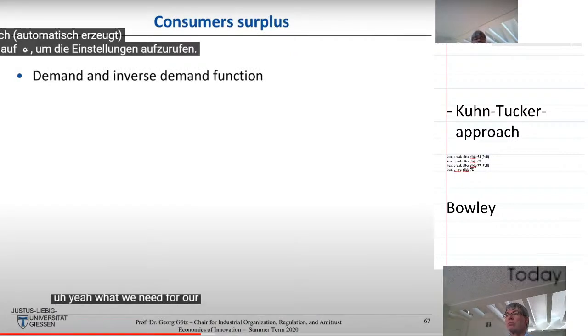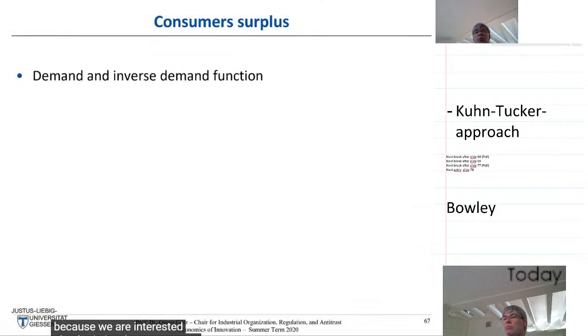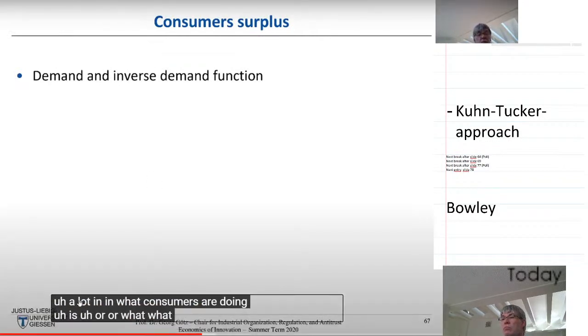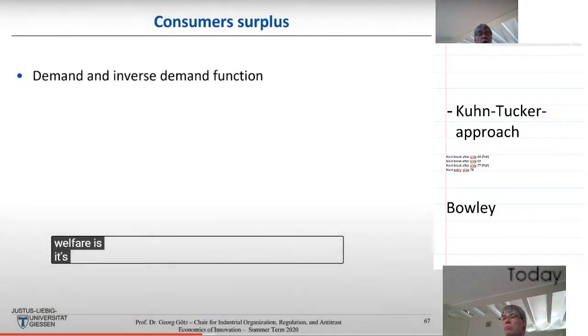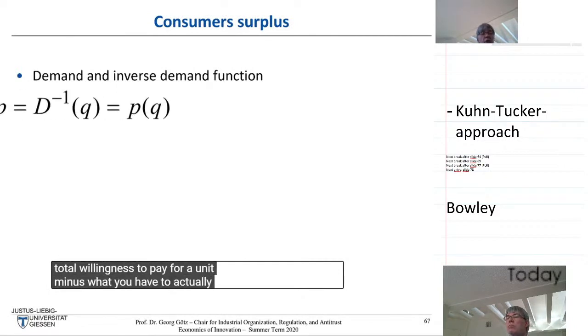What we need for our analysis, because we are interested a lot in what consumers are doing, is consumer welfare. How do we measure consumer welfare? As always, with consumer surplus. Consumer surplus is just total willingness to pay for a unit minus what you actually have to pay.